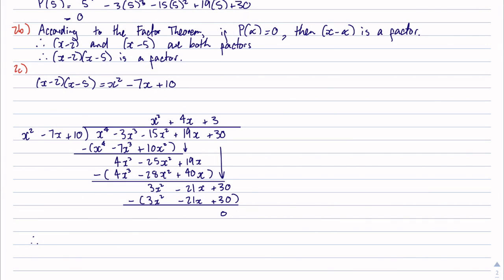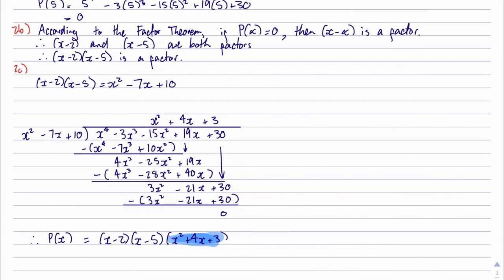So therefore, P of x is actually equal to x take 2, x take 5, because that's what we had originally, that's what we times to get the x squared take 7x plus 10, times x squared plus 4x plus 3. Now you could try and figure out the factors of this yourself, but you should be able to factorize this by now.